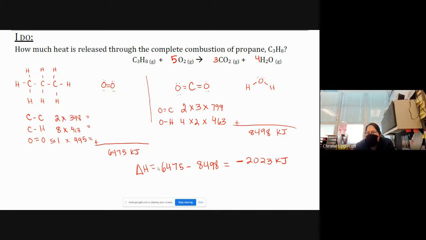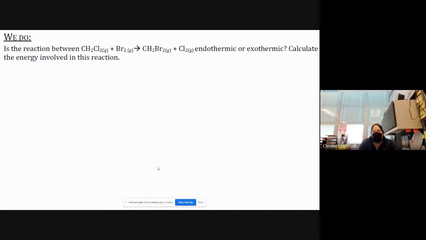All right, one more before I release you to work on things. So we are going to draw this guy out. I got my carbon, hydrogen, chlorine. Yes, it's already balanced. And then I have my bromine.